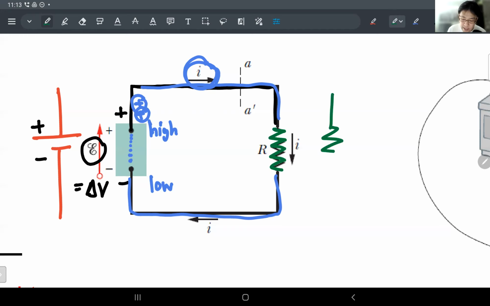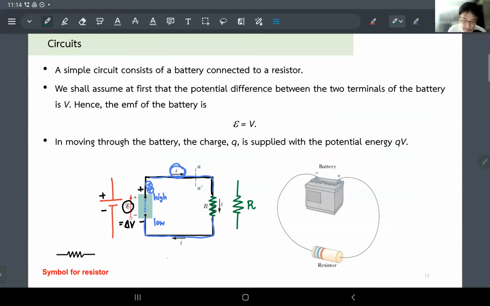That zigzag is the notation, the symbol, for a resistor inside your circuits. And that's it. This is the simple form of a circuit. You have the source, you have the resistance, and you have a current flow. And by having the diagram so simple like this, you can calculate the potential difference using Ohm's law. That's it.